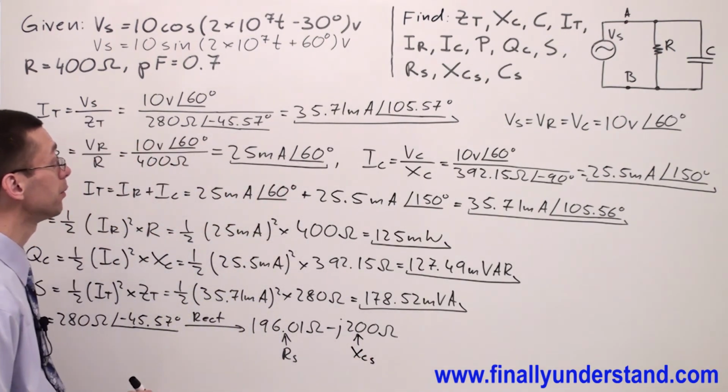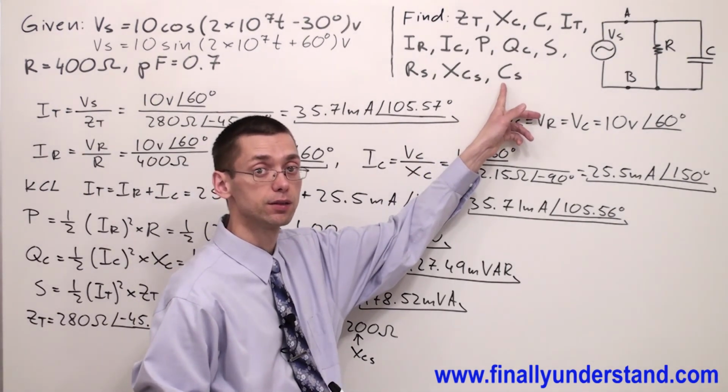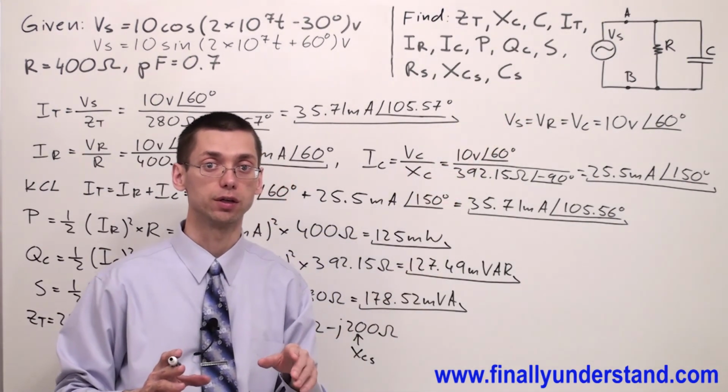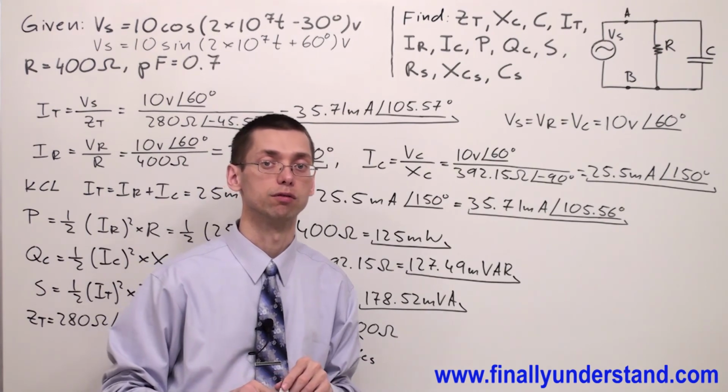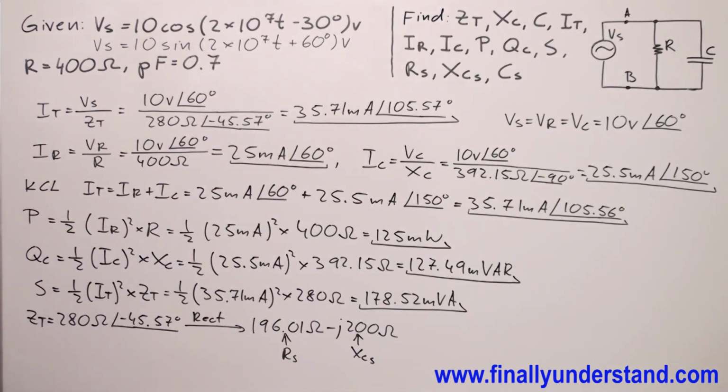But the problem is also asking me for the capacitance of the capacitor in my series equivalent circuit. So you're supposed to use the formula for capacitive reactance. XCS is equal to 1 divided by omega CS.